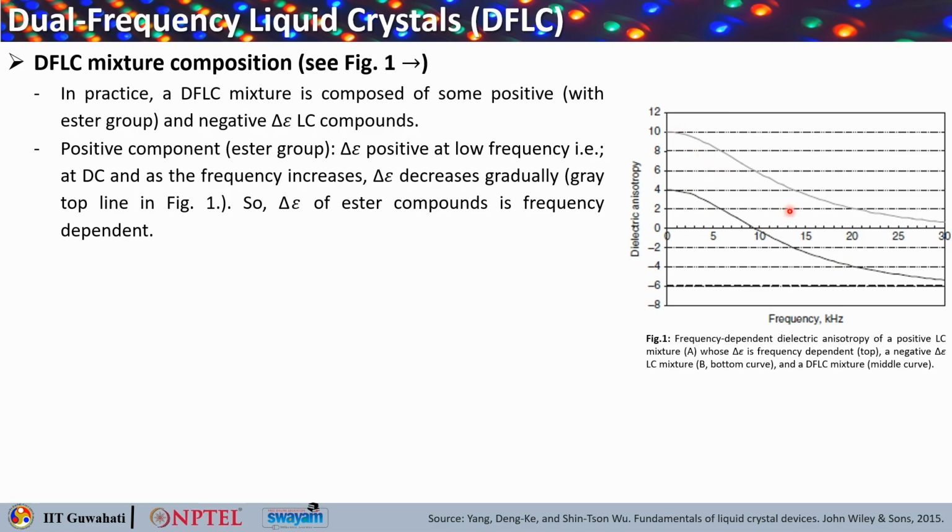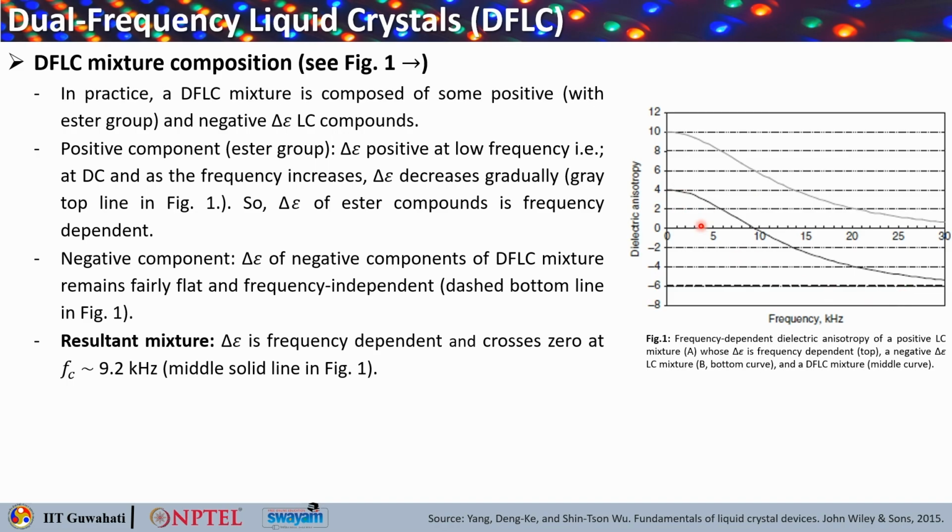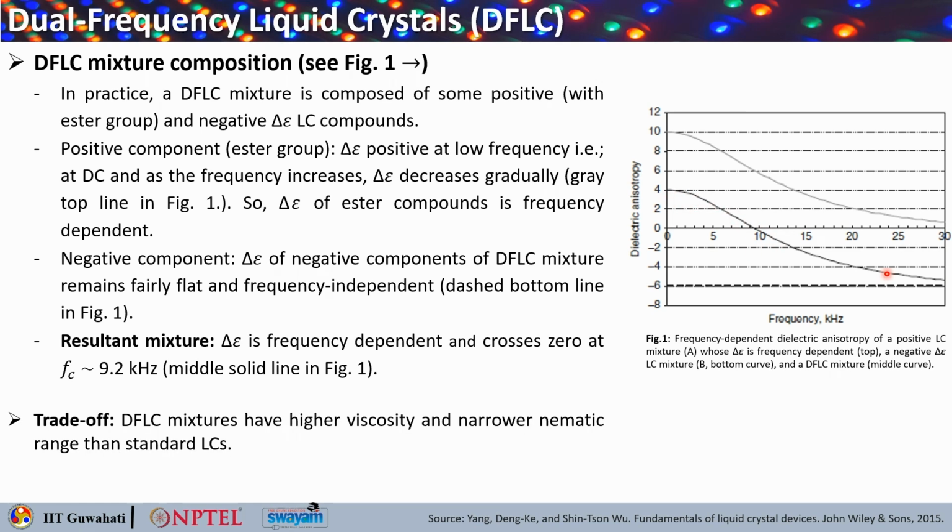So, you get delta epsilon to be frequency dependent. On the other hand, the delta epsilon of the negative component remains fairly flat. When you mix it, the crossover Fc comes around 9.2 kilohertz, that is this particular middle solid line.